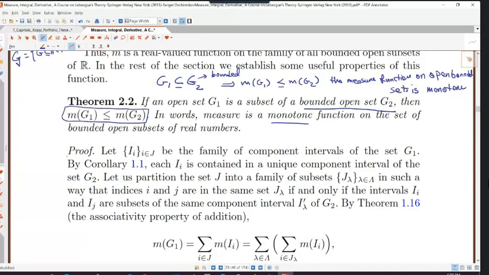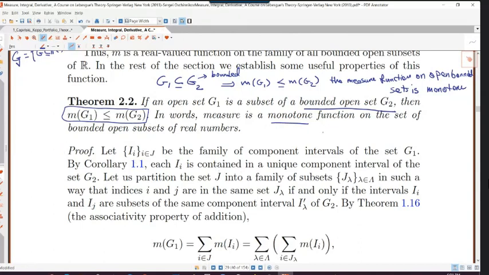Monotonicity says that if G1 is less than G2, here in the meaning of being a subset, G1 is a subset of G2, then M of G1 is less than M of G2. It's increasing, we say it is monotone.